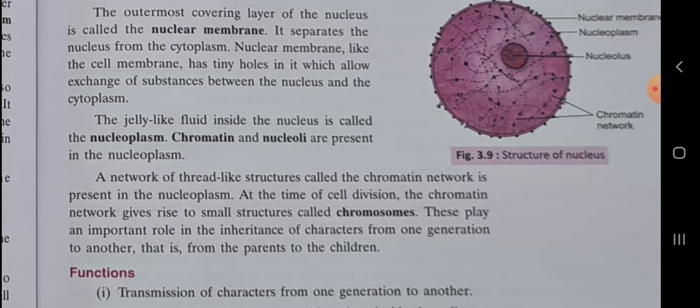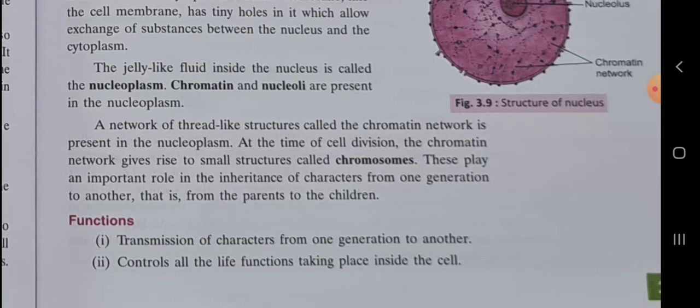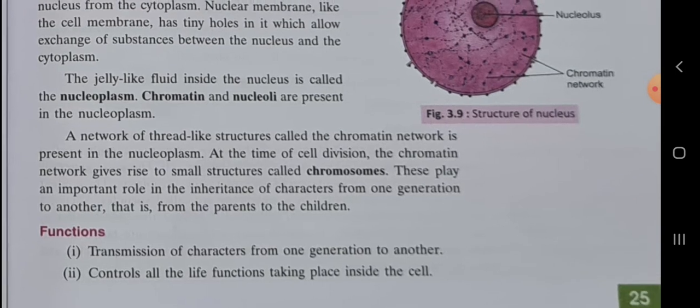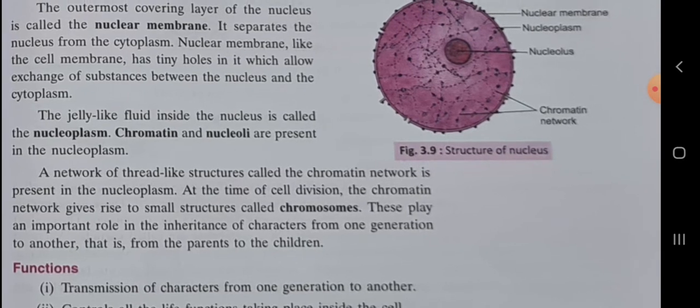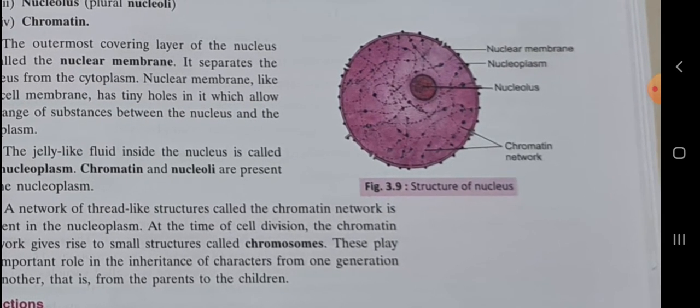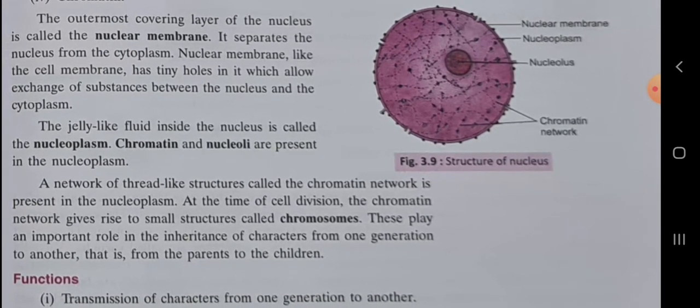The nuclear membrane, just like the cell membrane, has tiny holes which allow the exchange of substances between the nucleus and the cytoplasm. The jelly-like fluid inside the nucleus is called the nucleoplasm. Chromatin and nucleoli are present in the nucleoplasm. The network or thread-like structure called the chromatin network is present in the nucleoplasm.